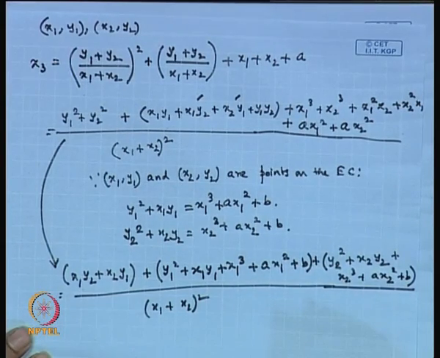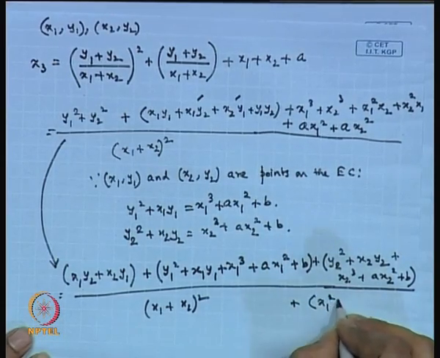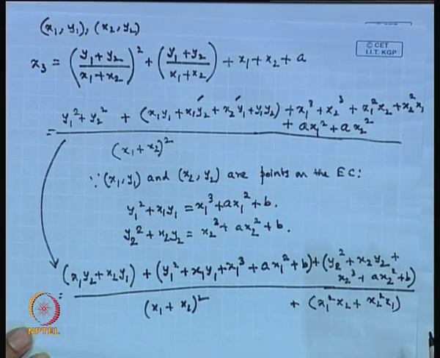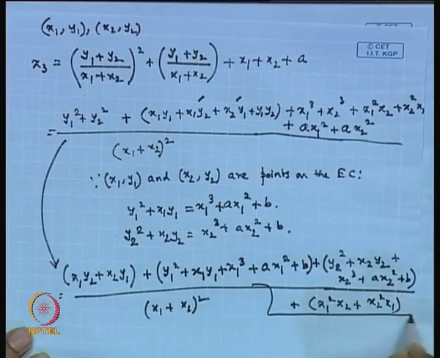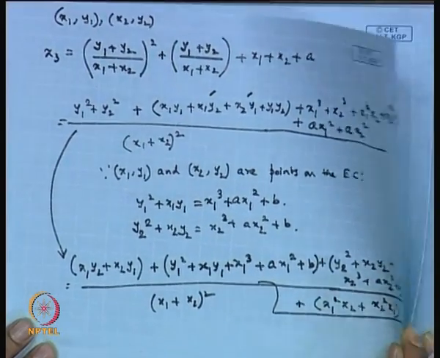Okay. So, if you do this, there are some more terms. What is that? x1 square x2 plus x2 square x1. So, this full thing is there in the numerator, right. Is it so?